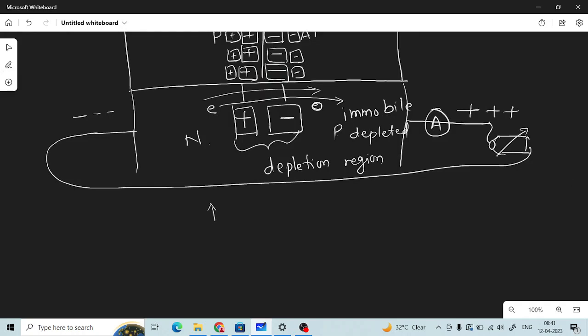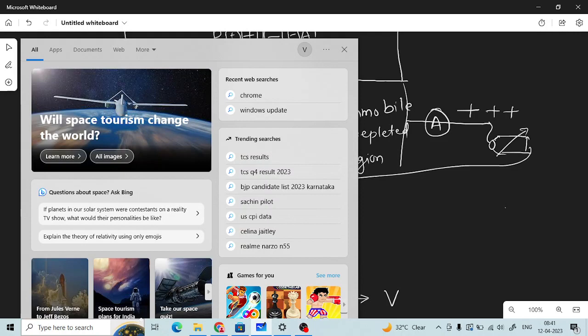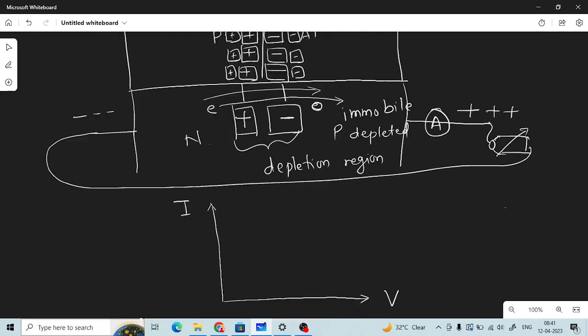Previously we have seen that the voltage is the independent variable, so it should be on the x-axis, and the current will depend on it. So as we increase the voltage, the current will increase.